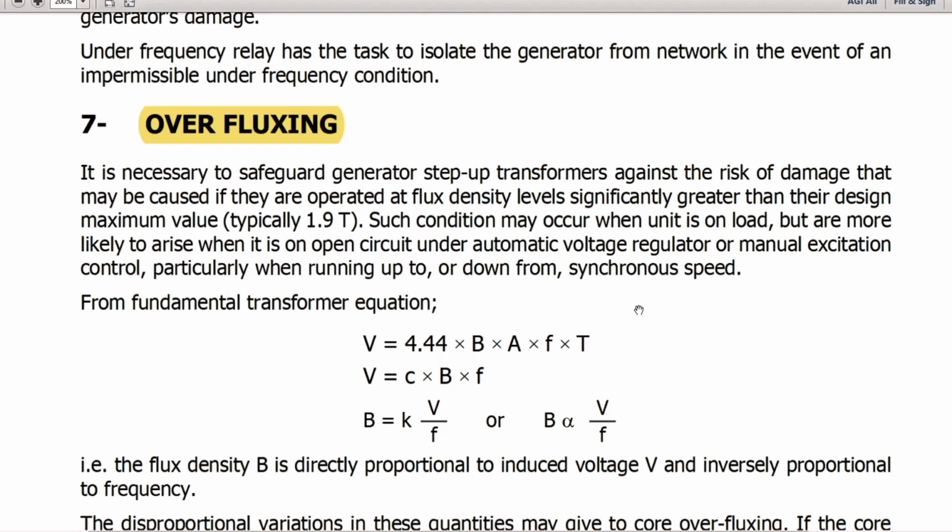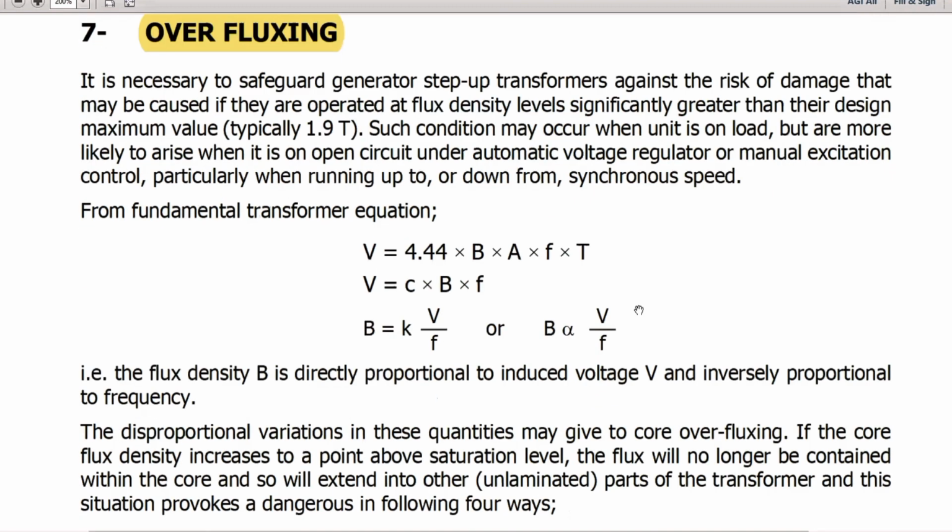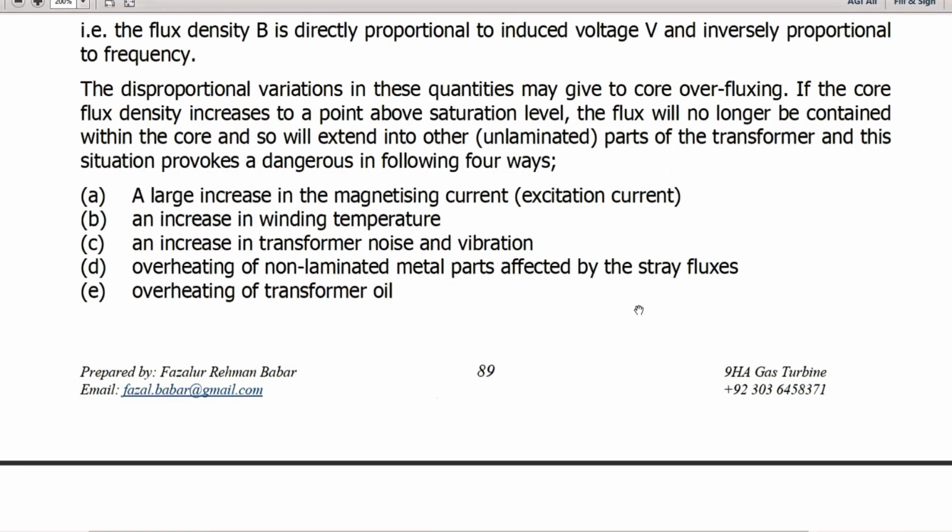So due to that reason, if there is a high pressure occurring inside the transformer body and oil comes out, then it may catch fire. So to avoid this phenomenon, we have to open the breaker of the generator due to the overfluxing fault.